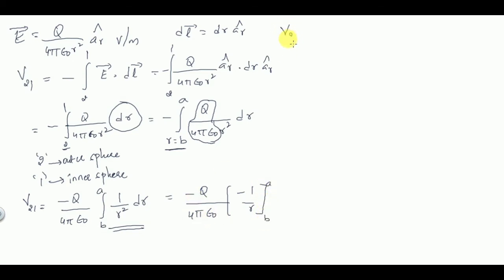So if you substitute the limits, it will become minus Q by 4 pi epsilon naught into, if you take this minus outside, it will become plus here.